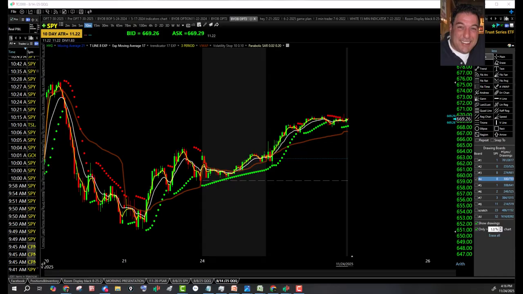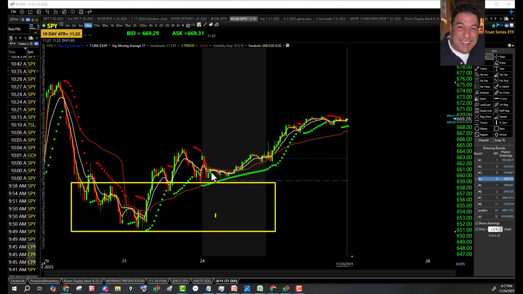Now if we look at the consolidation that we had, all of this right here would be 21 and 20 consolidation. Then we made the higher lows. In the post-market on Friday evening, we made consolidation right through here.